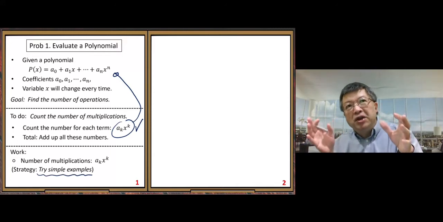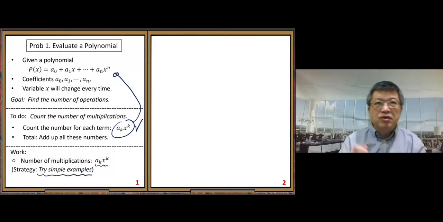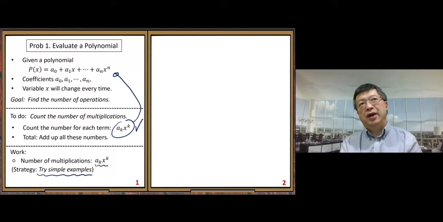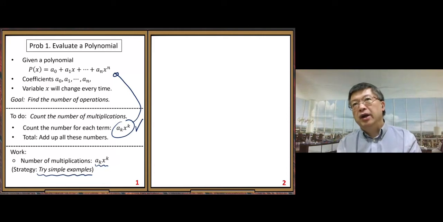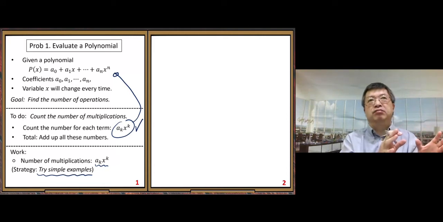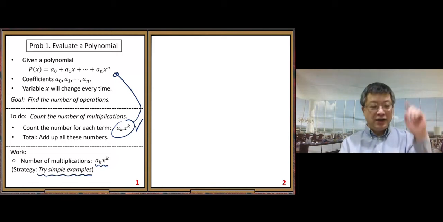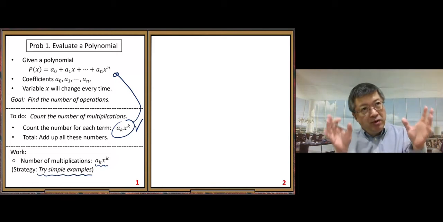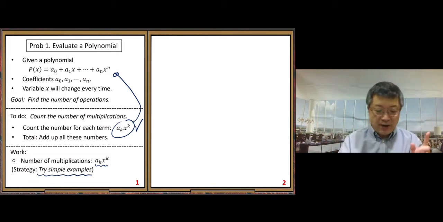Work on simple examples, because this general term looks a little abstract. Although you can still work on it, usually when you work on an abstract question, it is relatively hard. If you can work on a concrete question, then it is much easier. So let's work on some simple concrete cases, so we can get some idea.